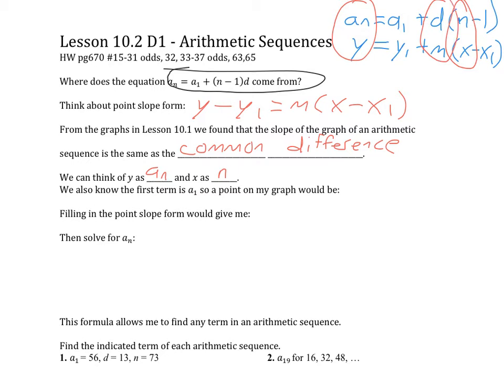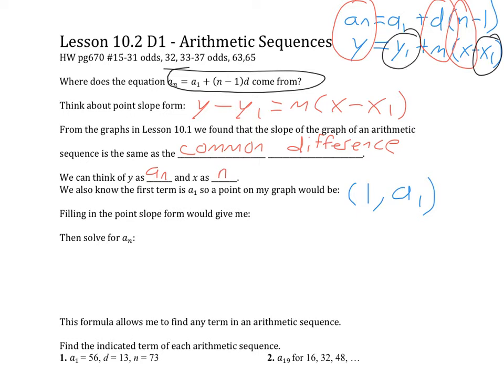We also know the first term is a1, so a point on my graph would be... Now try to recall what we did during the 10.1 lesson. For the first term, we graphed 1, comma, and whatever that first term was. So whatever a1 was. And knowing point-slope, we know that x1, y1 is a point on the graph.